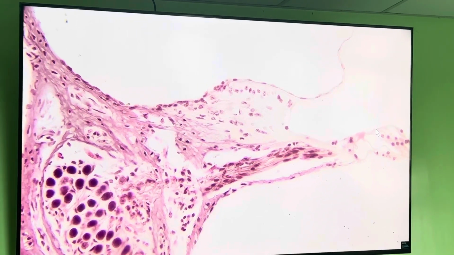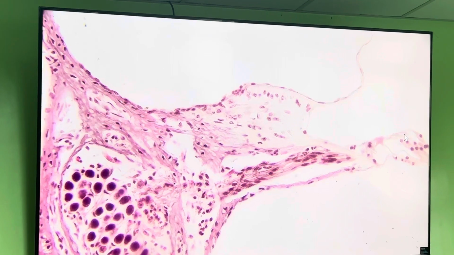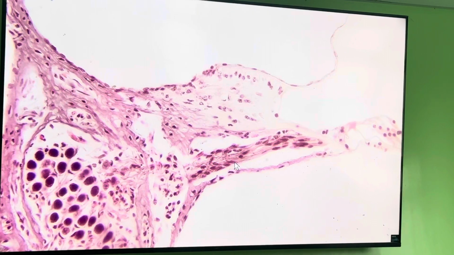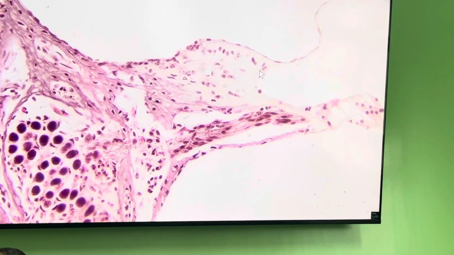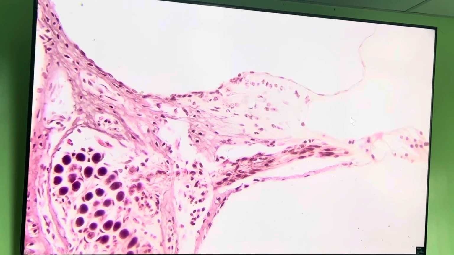However, sometimes the stereocilia is not visible. Okay? Kasi napuputol. But they are the ones that are responsible for the formation of sound. So the tectorial membrane and the basilar membrane, in the presence of vibration, they would vibrate and then they will transmit the sound waves into the hair cells.